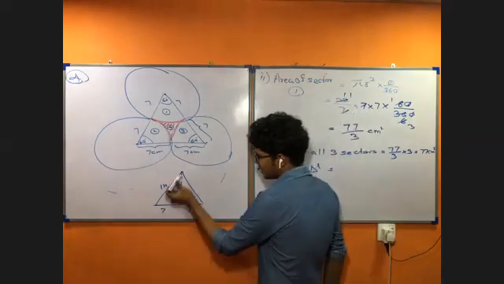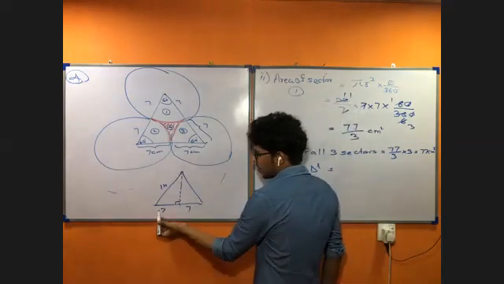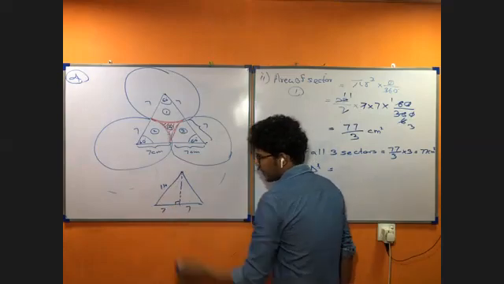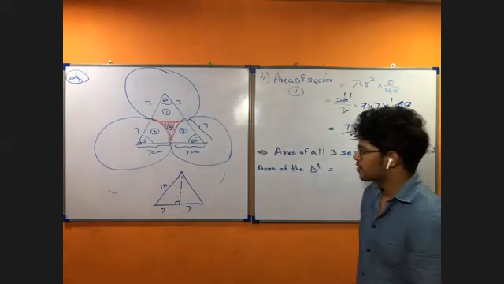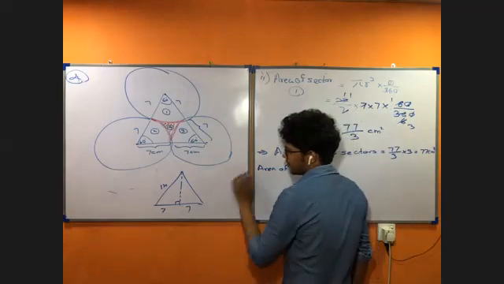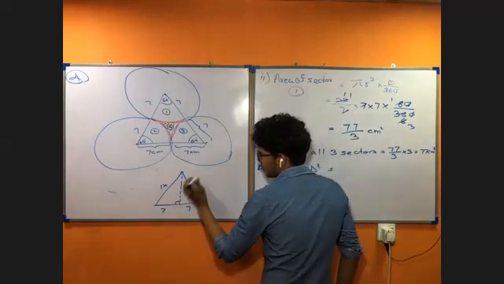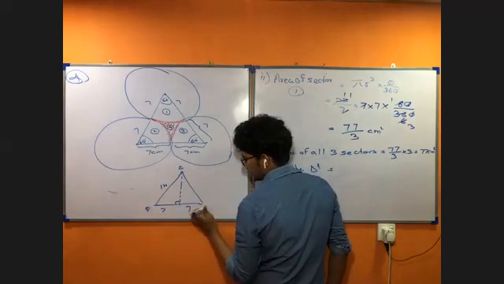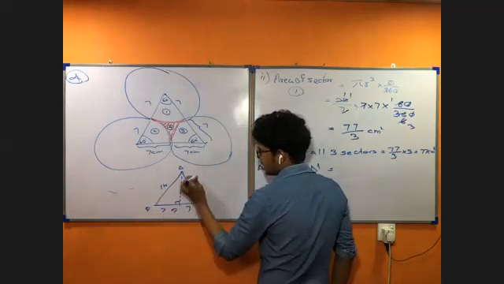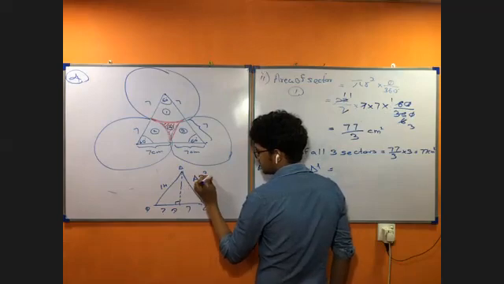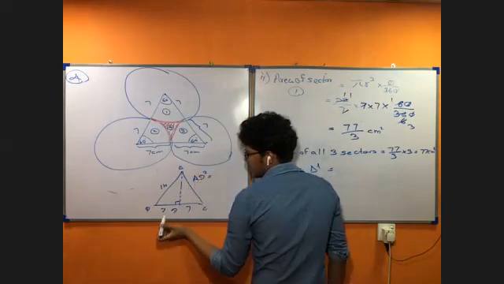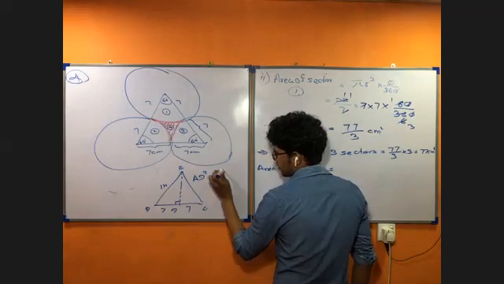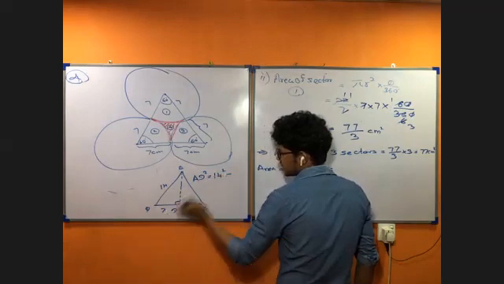This is a right angled triangle. So I know this side, I know the hypotenuse, then I can find the remaining side. So how to find it? Let me name it A, B, C, and D. So AD squared is going to give me what? 14 squared minus 7 squared, right?